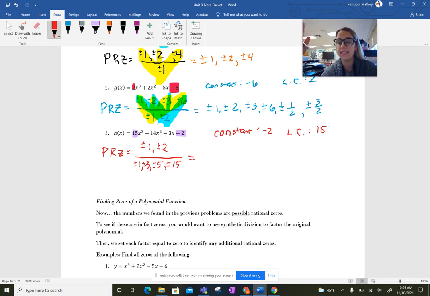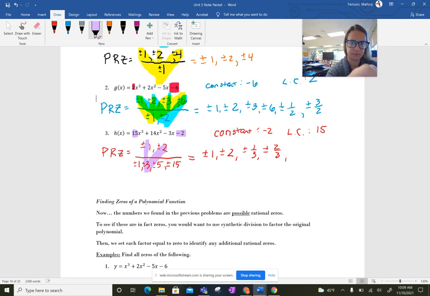Okay, we've already seen that with the 1, it just gives us the originals. So we're just going to say plus or minus 1, plus or minus 2. But now we have a denominator of 3. So divide each of those by 3. You get 1/3 and 2/3.